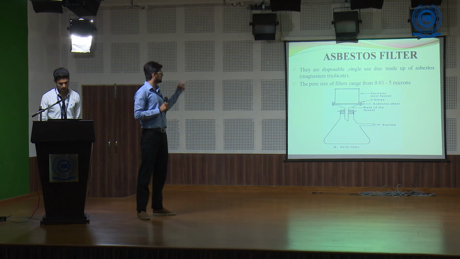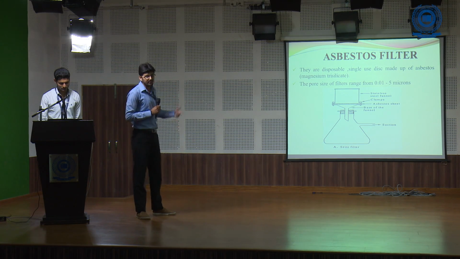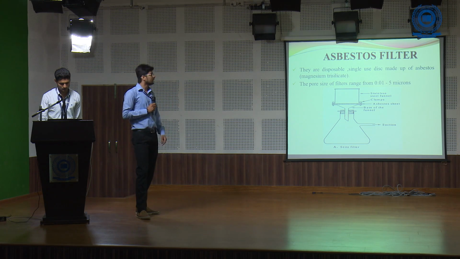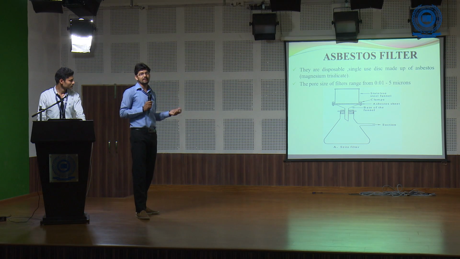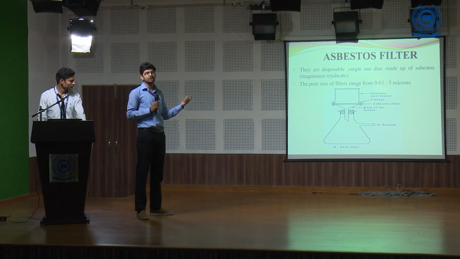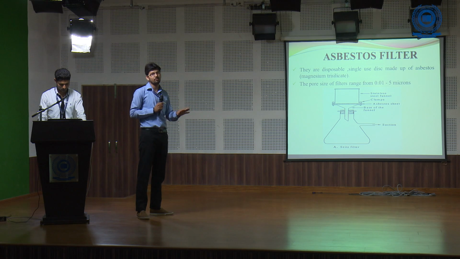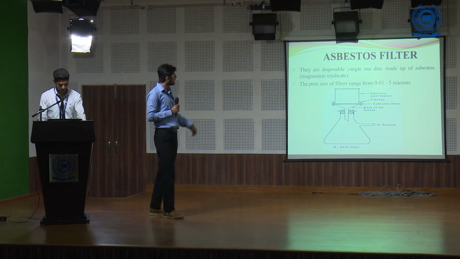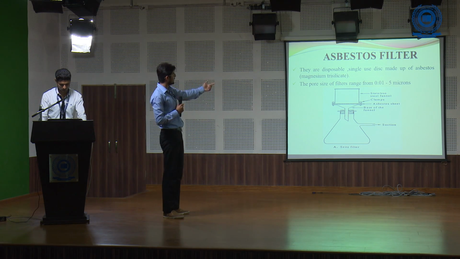The first filtration method is filtration by asbestos filter. In this method we use an asbestos filter, made up of magnesium trisilicate, and this filter is single use and disposable after the process of filtration. We take a conical flask, a funnel and the asbestos filter.